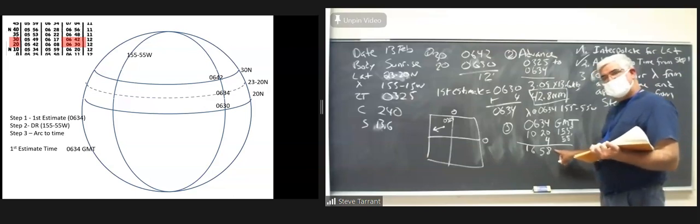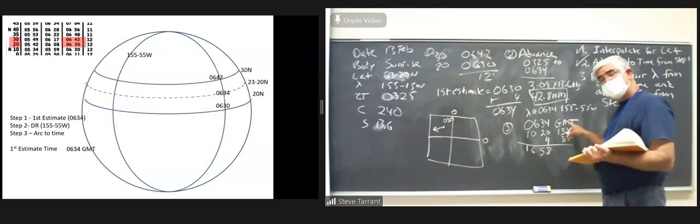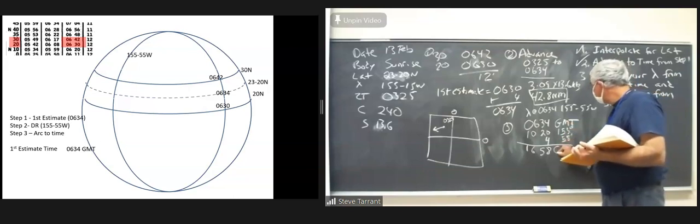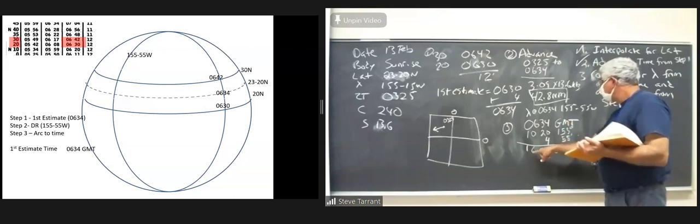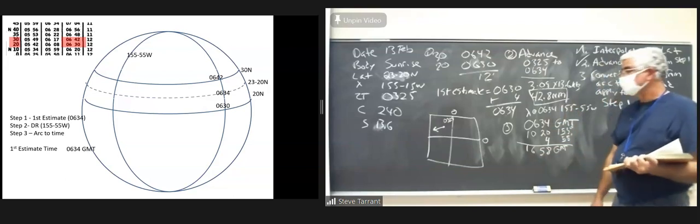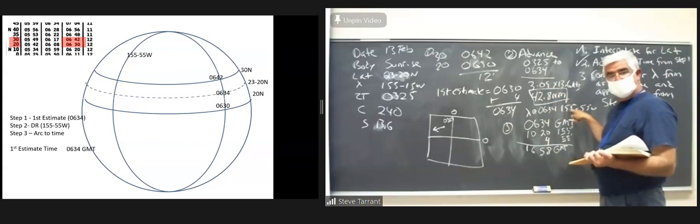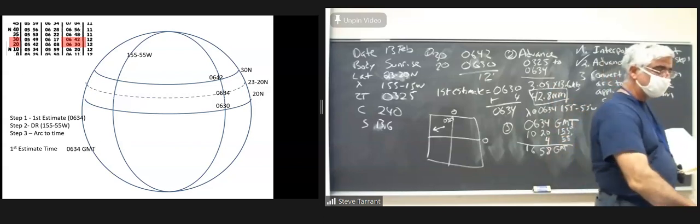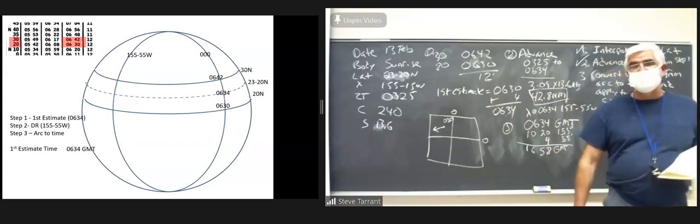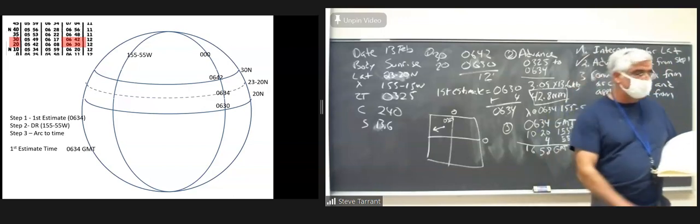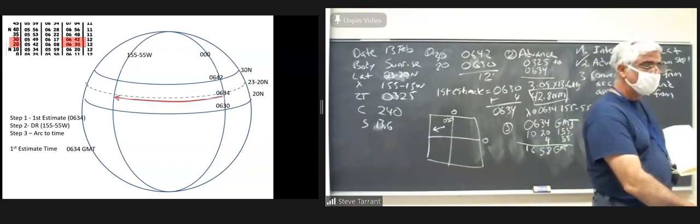What time zone is that? GMT. What's my zone description? If you look on page 370 of the Bowditch, it's plus 10.